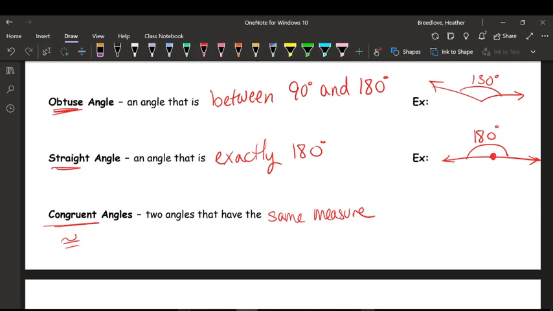So if I have this angle, if that's 20 degrees, and I have this angle, and that's 20 degrees, those are congruent angles. It doesn't matter if they're facing the same way or not. As long as they're the same size, then they're congruent. Because their measure is the same.